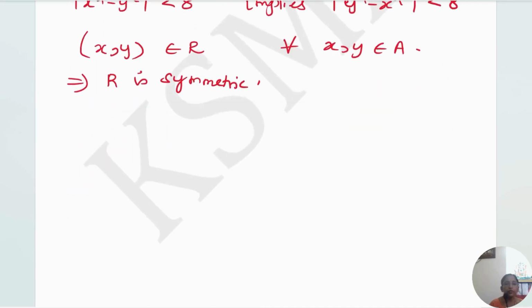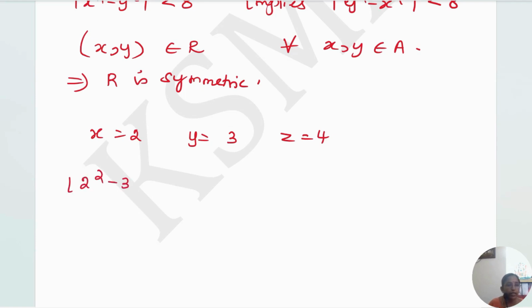And for checking the third one, transitive, we can assume x is equal to 2, y is equal to 3 and z is equal to 4. Consider your data. |2² − 3²| < 8, this is true. And |3² − 4²| < 8, this is also true.